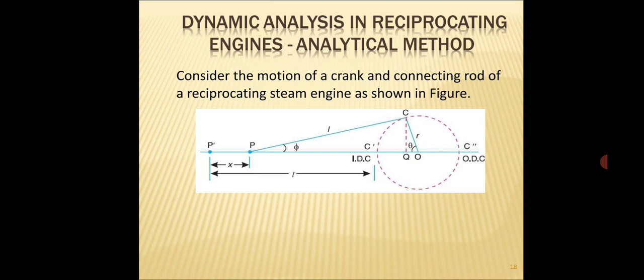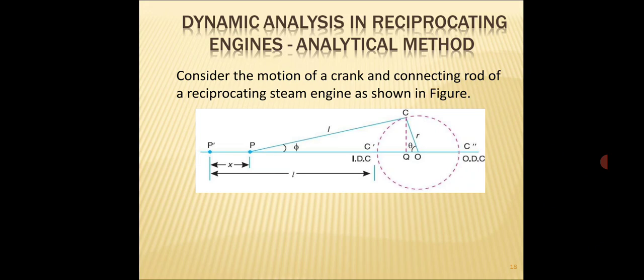Let l, the small l, indicate the length of the connecting rod between its centers, and r is the radius of the crank or crank pin circle. So theta.